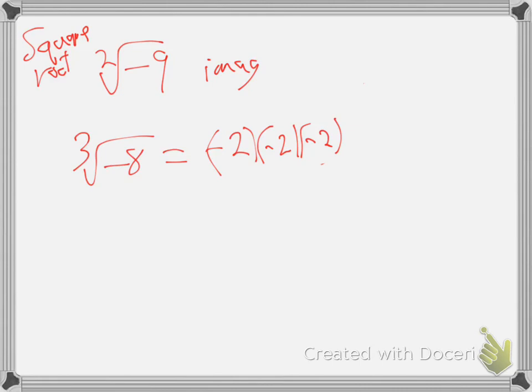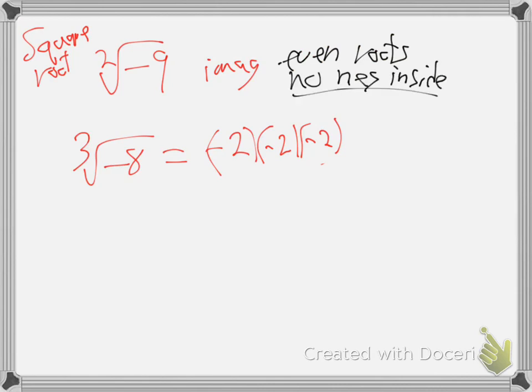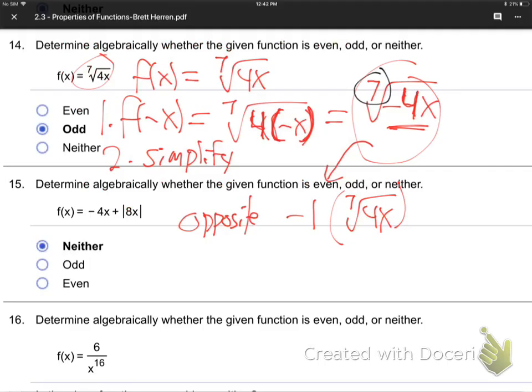So odd roots, negatives are okay. Even roots, they're not. Odd roots, it's okay, and you can just pull them to the front. The answer just comes to the front. So this is a 7, it's an odd.